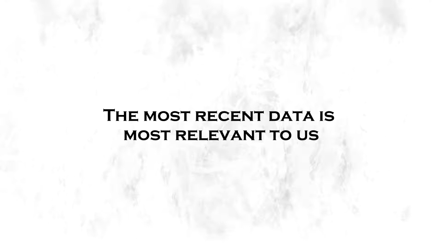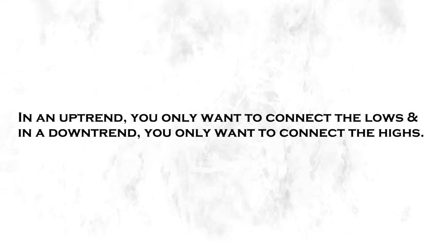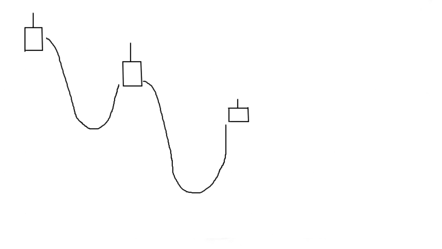We don't care about something that happened 3, 4, 5 years ago as compared to something that has been going on the last few weeks. All we do is search for significant highs and lows on the chart and connect them. In an uptrend you only want to connect the lows, and in a downtrend you only want to connect the highs.